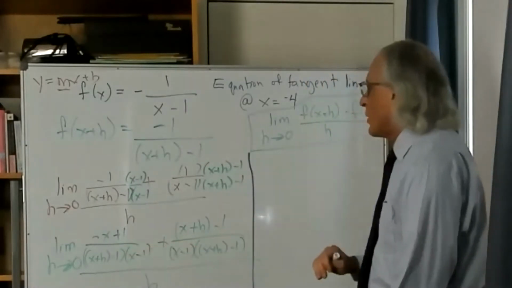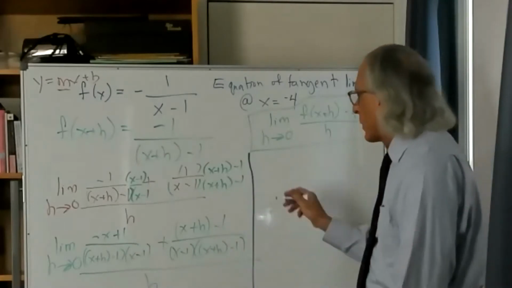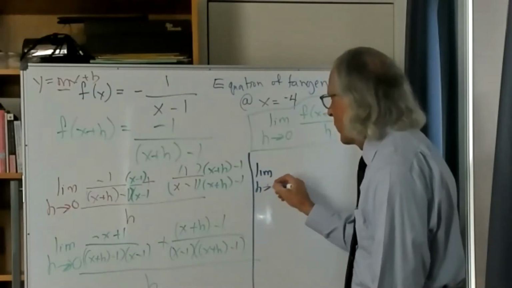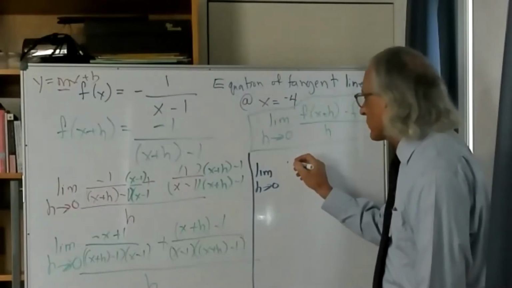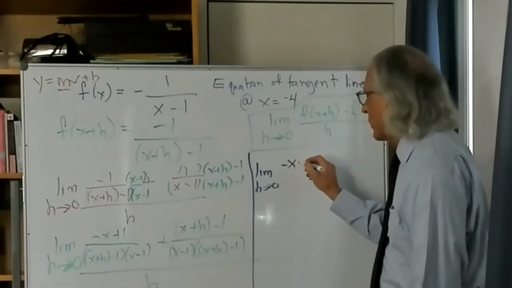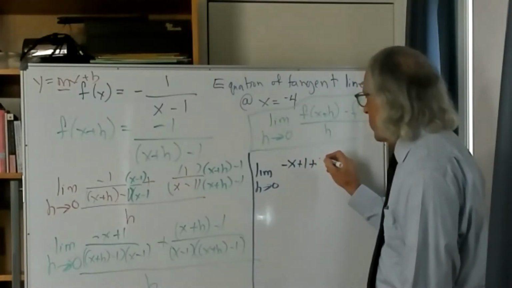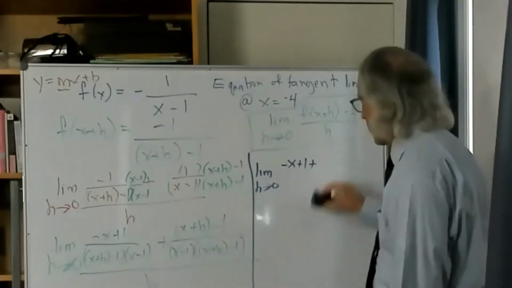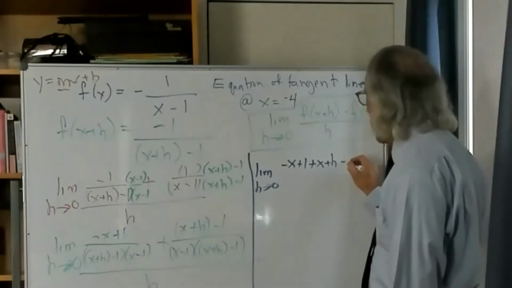So I do have a common denominator. I'm still finding the limit. So I'm finding the limit as h approaches 0. Now I'm going to write my numerator out. I have negative x plus 1 plus x, not h, let's say, plus x plus h minus 1.